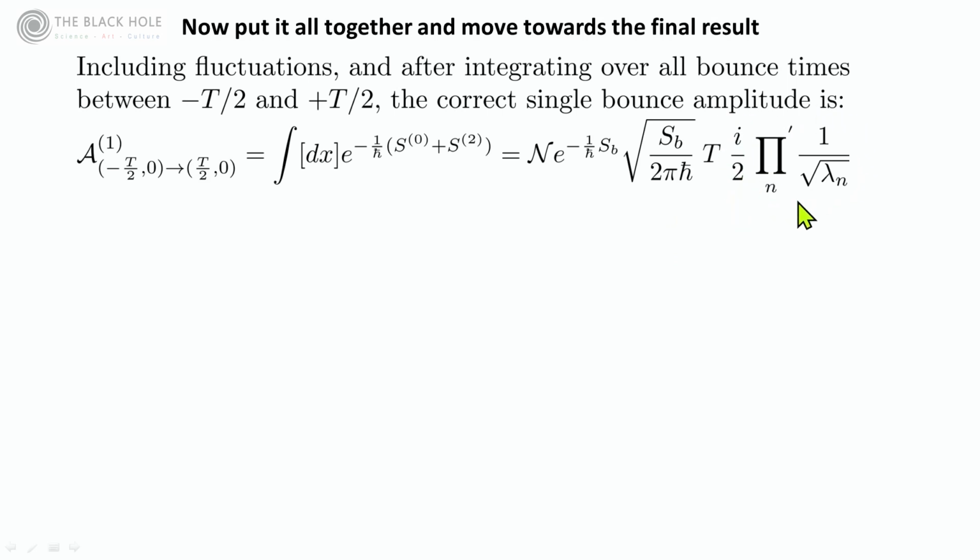And now here, this prime I have put to say that we must exclude the 0 eigenvalue and the negative eigenvalue. We argued that there's a negative eigenvalue.